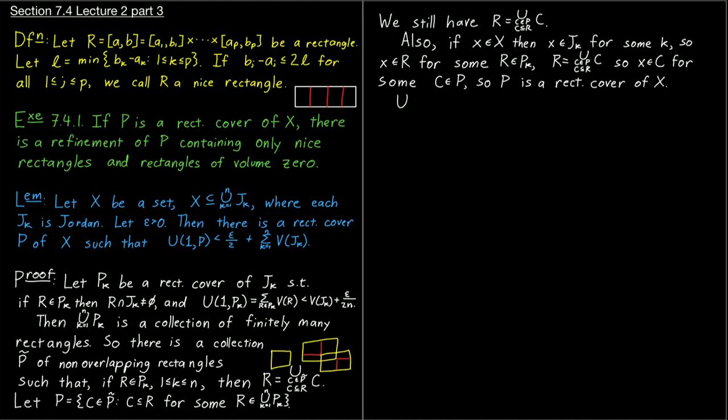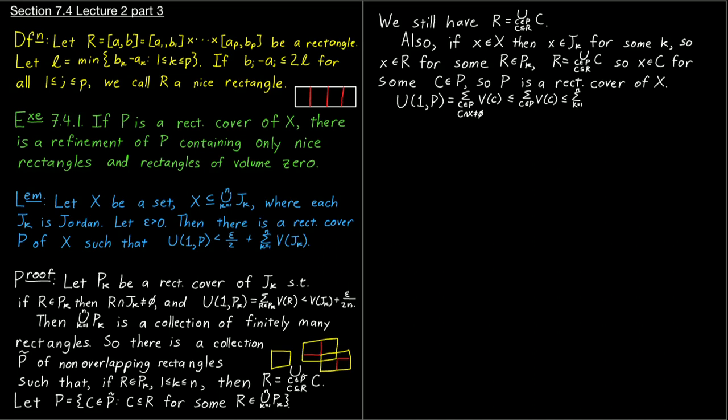All right, and finally, the upper sum of 1 over P, that's the sum over C in P of the volume of C. I suppose we do have to specify C intersect X is not empty. That's what the upper sum of 1 comes out to. That's certainly less than or equal to the sum of all the volumes, where we don't throw away the ones that don't see X. And then every C in P is contained in one of the R's, and every R is in one of the K's.